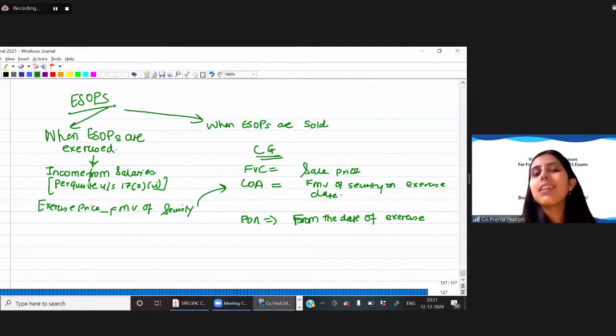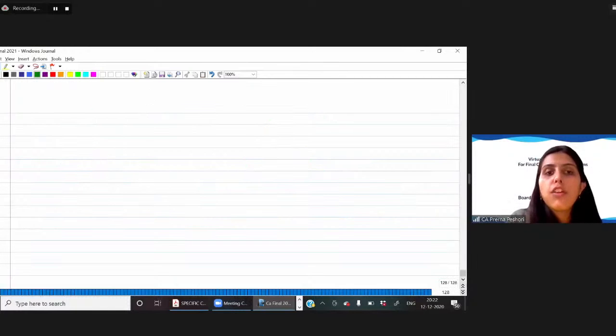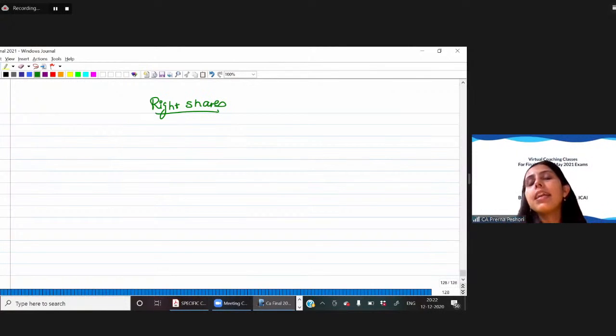This is how ESOP's taxability will happen. It is just like rights share. Under the rights share also, we had a similar concept, right? So if I have to summarize the rights shares, it is similar to ESOPs only, correct?